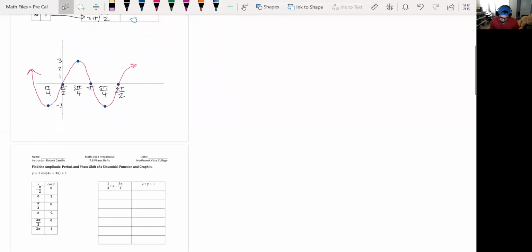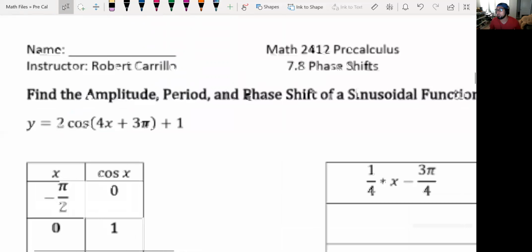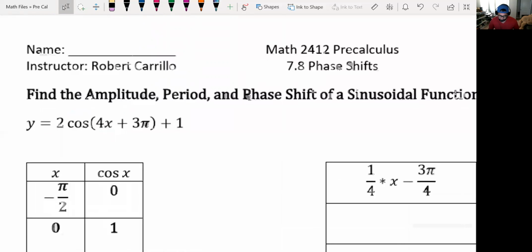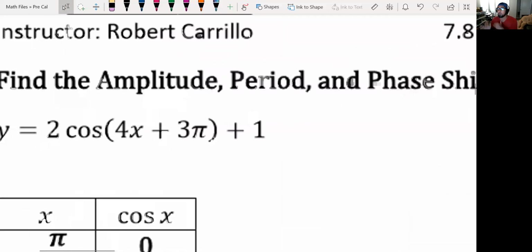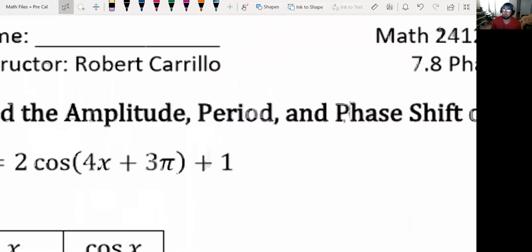Okay. And it always helps to just know how to rewrite these. So we just rewrite the inside of the function. So for 2 cosine 4x plus 3 pi, once again, what I'm going to do is factor out the 4 from both of these terms.